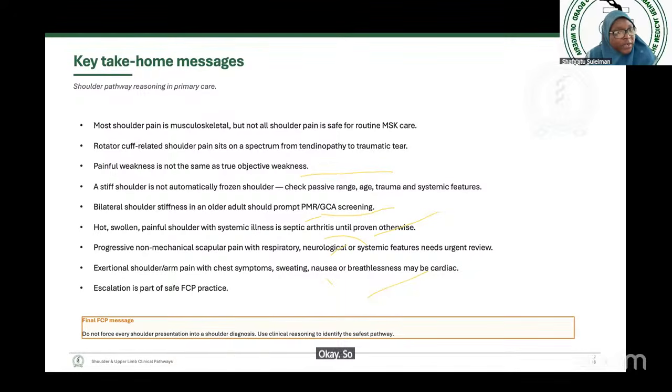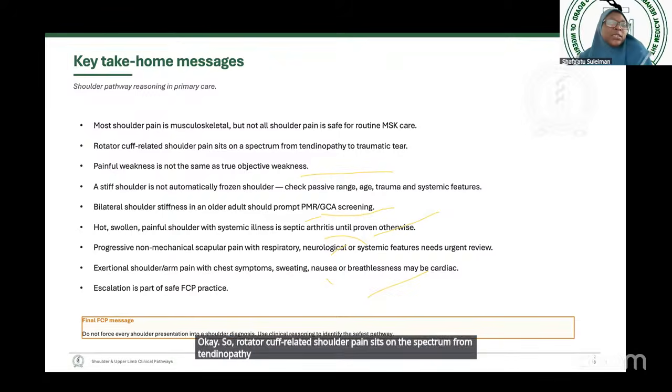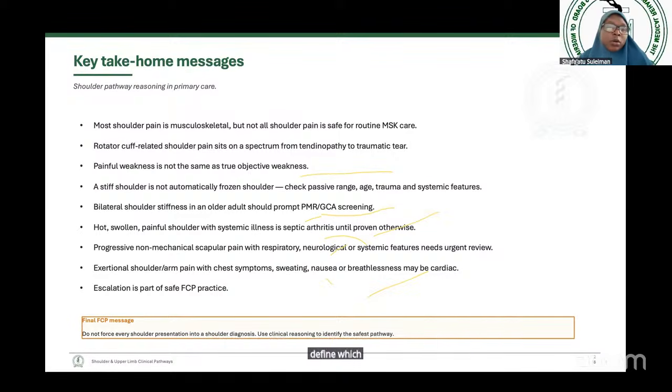Rotator cuff related shoulder pain sits on a spectrum from tendinopathy to traumatic tear. So when we are dealing with rotator cuff related pain, we've got to define which it is that we are dealing with. Is it a tendinopathy, a partial tear, subacromial impingement, a full thickness tear?